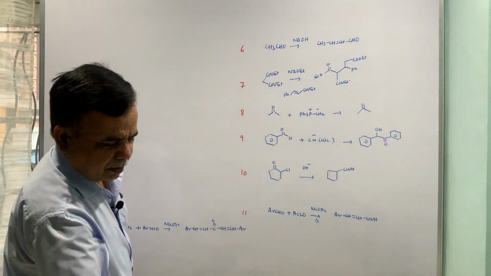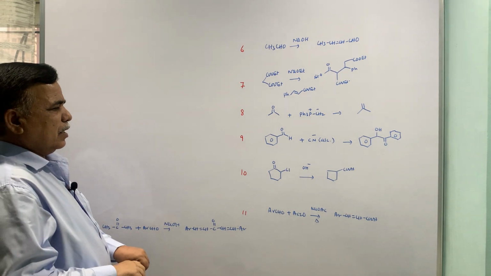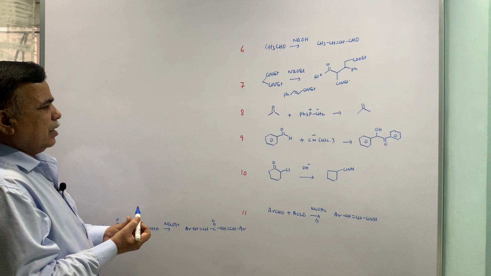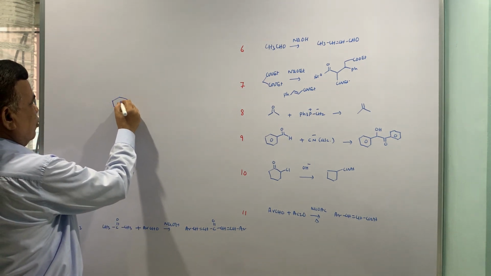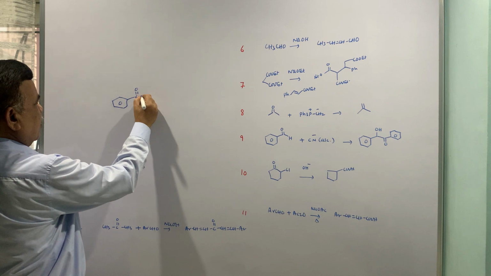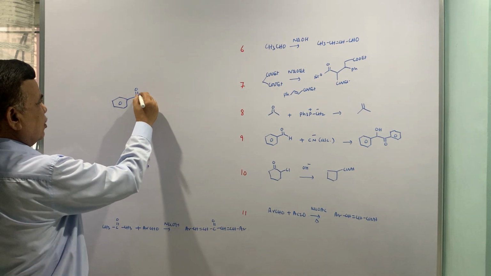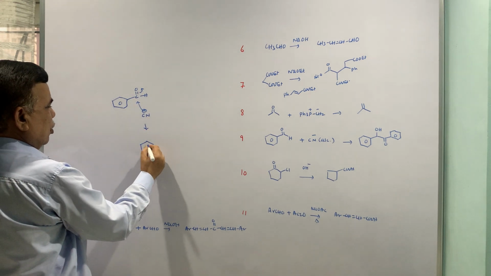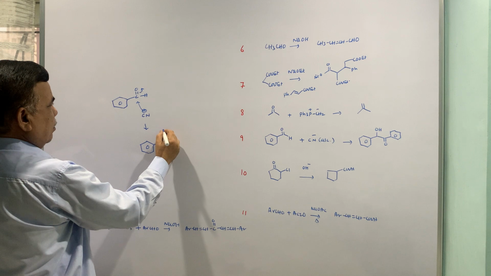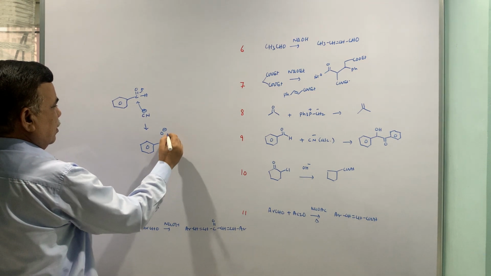The other ylides like sulfur and phosphorus, nitrogen ylides also we have seen. So we are not repeating those things here. The next one is your benzoin condensation. So the first foremost thing is the attack of CN minus on carbonyl.